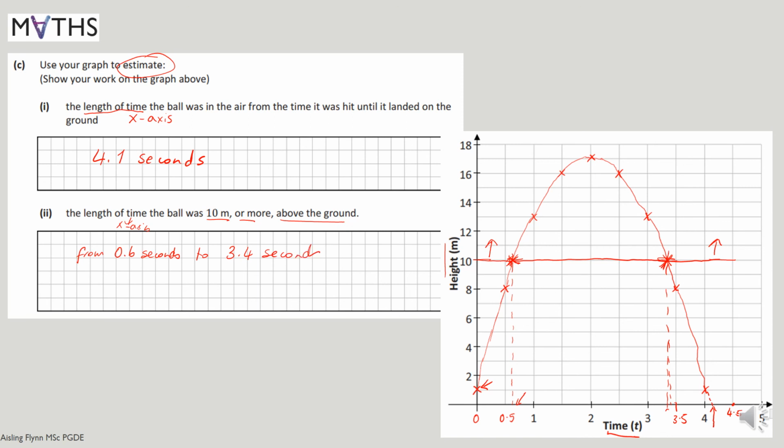Now that's not the length of time. To get how many seconds above, we should subtract that, and I'll get 2.8 seconds as my answer. Now you might get a slightly different answer, and that's totally okay. The important bit, however, is if you show on the graph where you got those numbers from, you'll get marks.